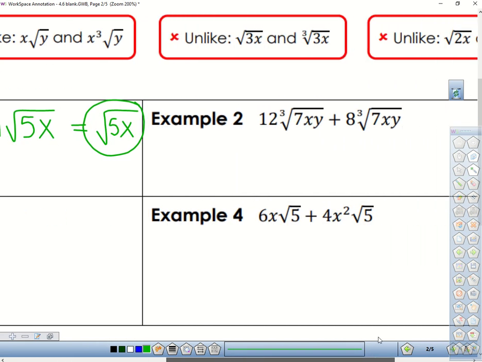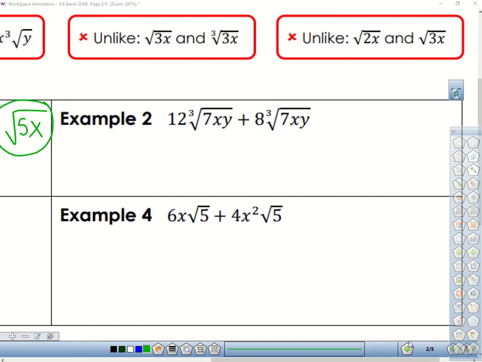So let's move on to number 2. We need to check and see if these are like terms before we do anything. So we have the same type of radicals. These are both cube roots. And then we have the same radicand as well. And there are no exponents or variables with exponents outside of the root, so I can just combine the coefficients.